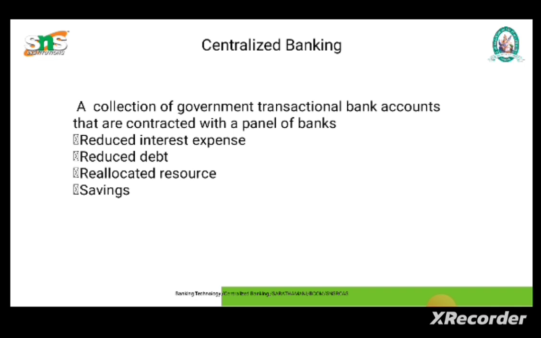Financial resources can be reallocated to fund government priorities. Next one is savings. Savings can be achieved by reducing the number of bank accounts and bank fees. The last one is improved cash forecasting. The state cash forecasting can be improved.